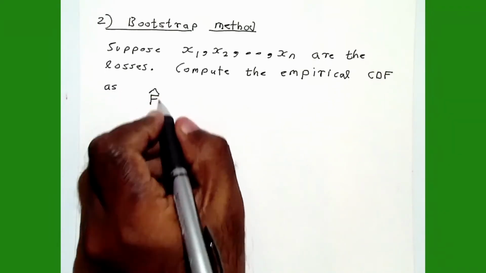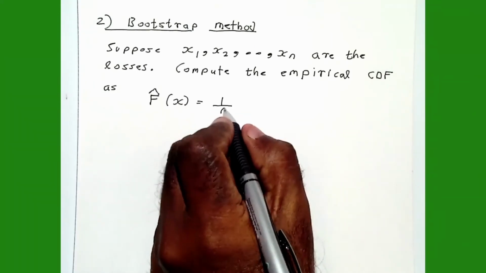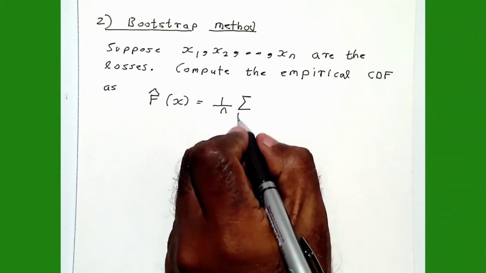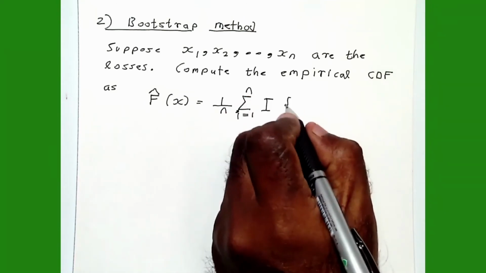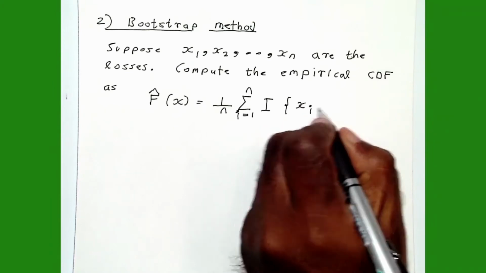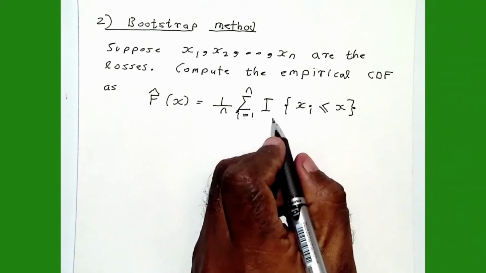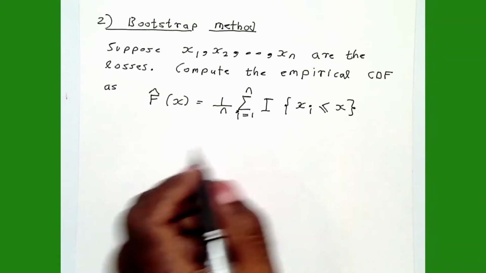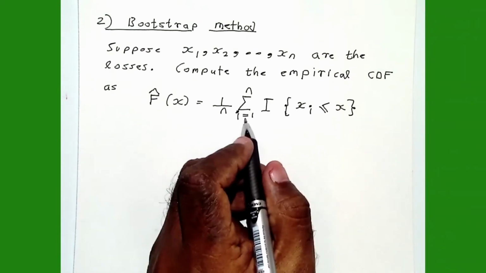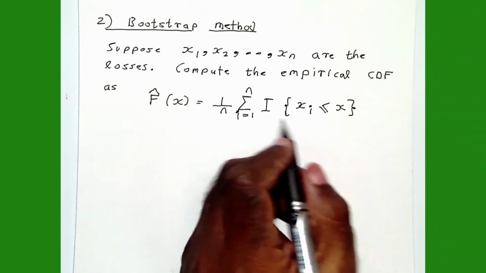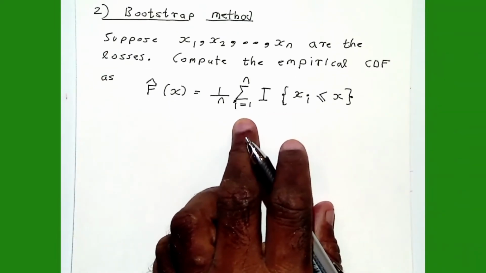F hat is denoted by the sum i from 1 to n of the indicator function, where I denotes the indicator function. In the video on nonparametric estimation of VaR, I drew a picture of this, so you may recall how this looks with respect to x.